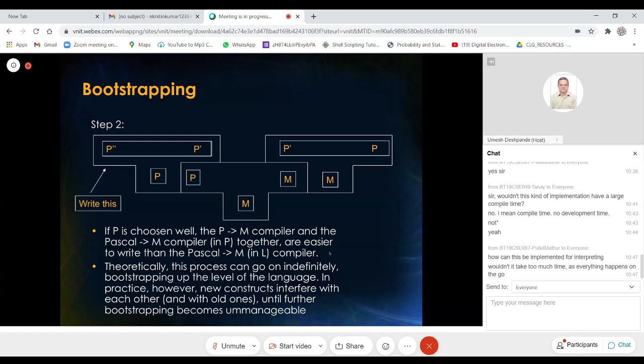But if time is a constraint, and that's most often the constraint, say we have a piece of code that gets hit once every millisecond, or let's say 100 times every millisecond, then the speed at which it executes matters. Then we have to go for a compiler. Okay, so I hope this answers the question. Is there any other question?